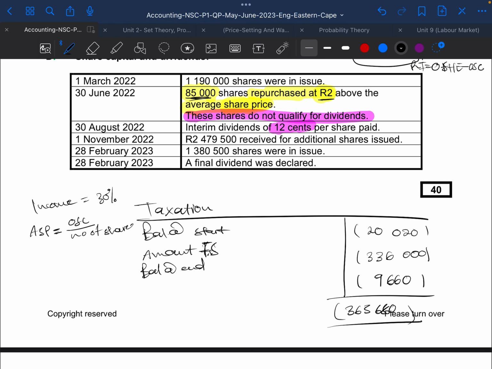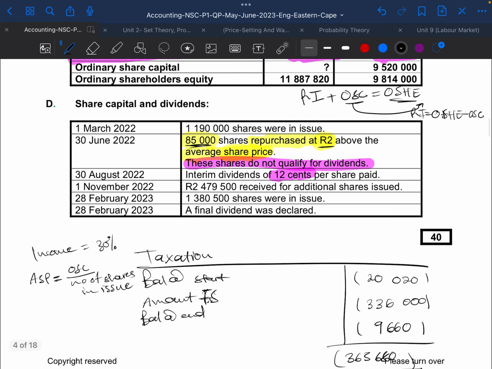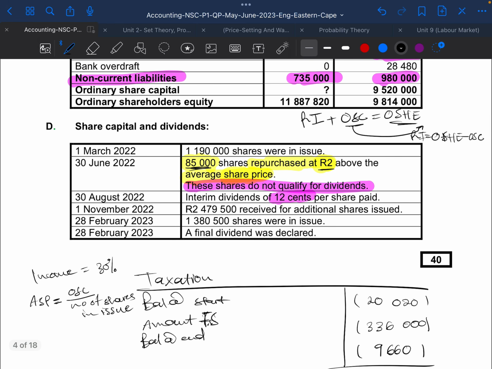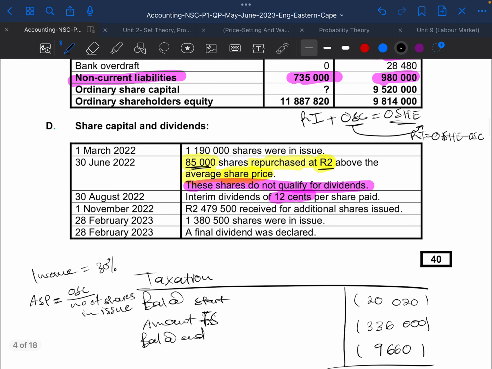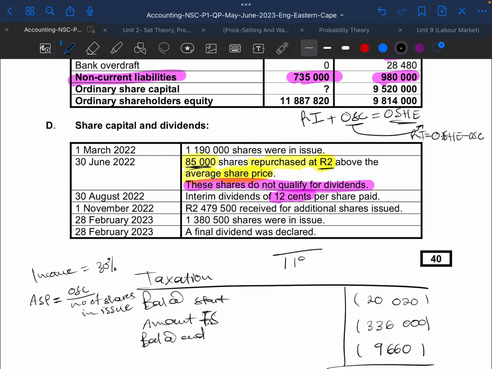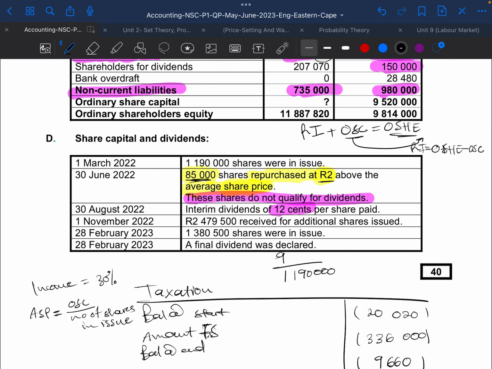Shares in issue. Okay, but how many shares were in issue at the day we repurchased shares? It's 1,190,000. So it is over 1,190,000 shares. How much was the ordinary share capital? 9,520,000. Okay, this is where I got the 9,520,000 because it is your ordinary share capital.